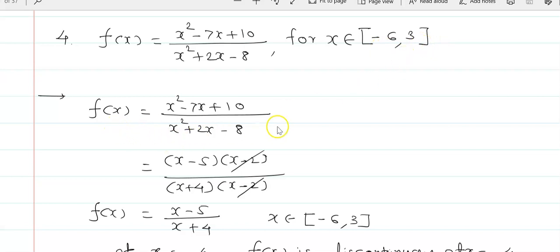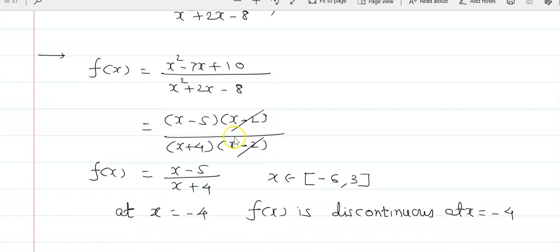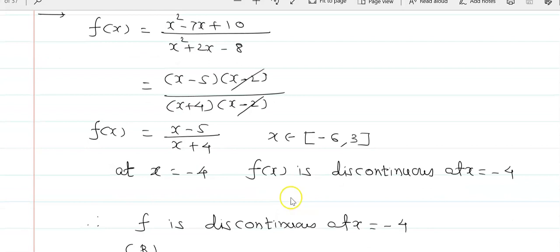Factorize it: x minus 5 into x minus 2, x plus 4 into x minus 2, x minus 2 get cancelled. Therefore f of x is equal to x minus 5 upon x plus 4 for x belongs to the closed interval minus 6 to 3. At x equals minus 4, the denominator will become 0 and hence the given function is discontinuous at x equals minus 4, and therefore f is discontinuous at x equals minus 4.